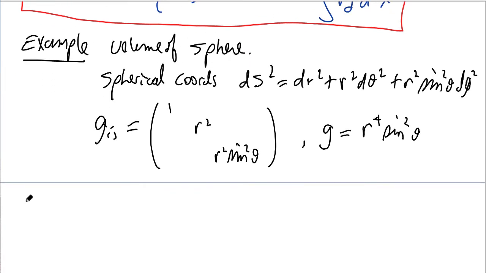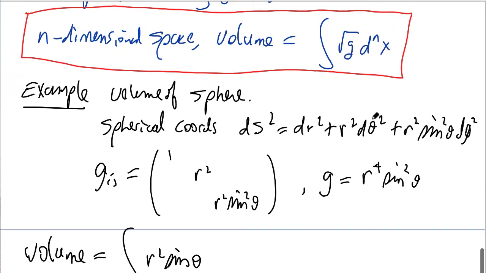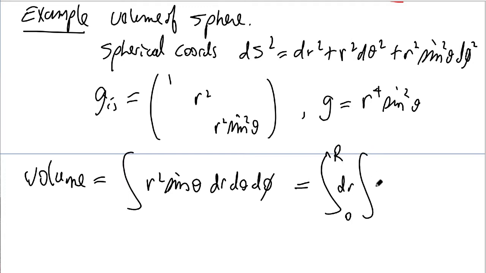Then the volume is the integral of the square root of g, that's r squared times sine theta, times d^n x, so the coordinates are r, theta and phi. So this is dr d theta d phi. So for example, if we want to find the volume of the whole sphere, we just integrate r from 0 to, say, capital R, whatever the radius is.